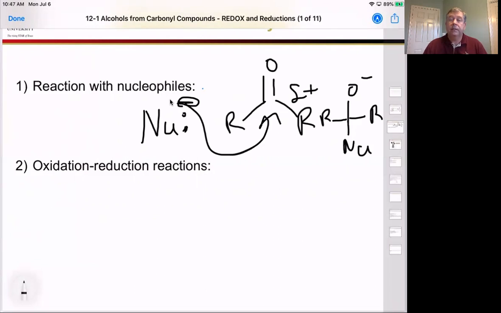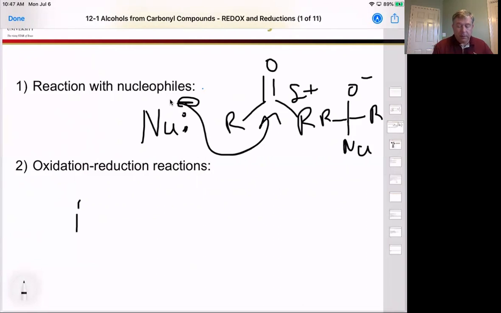When we do this, this is an addition reaction, converting it from an sp2 hybridized carbon to an sp3 hybridized carbon. The other opportunity we have with it is the availability of doing oxidation and reduction reactions.